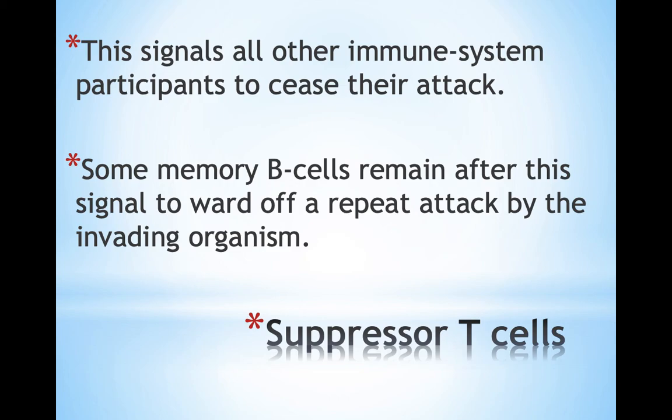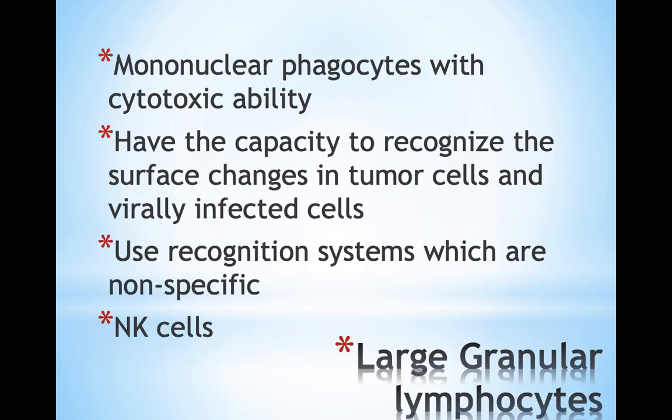So moving forward. Now, aside from B cells and T cells, you remember from the maturation of the common lymphoid progenitor, we have our large granular lymphocytes.